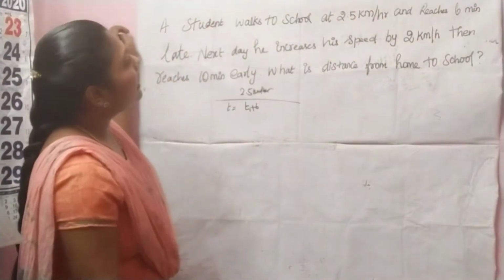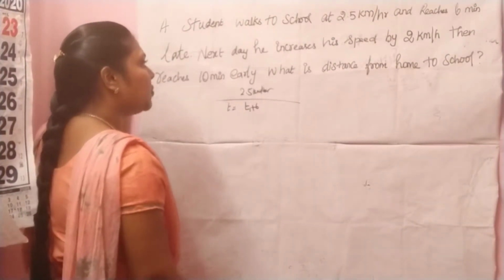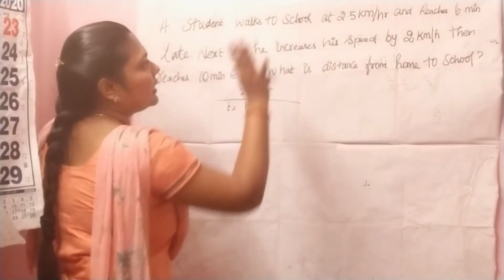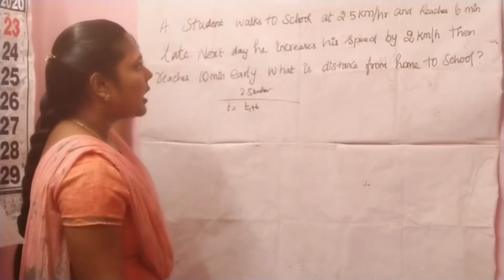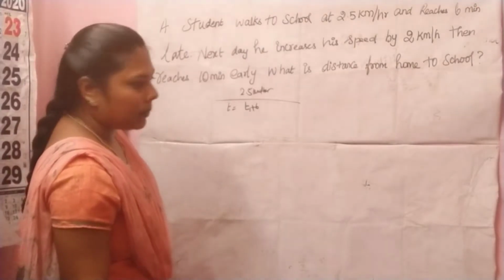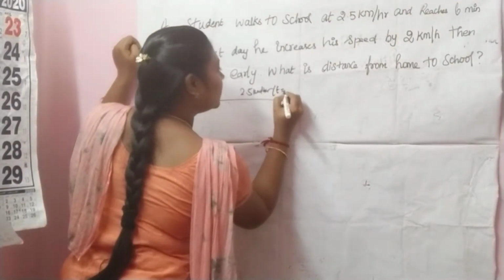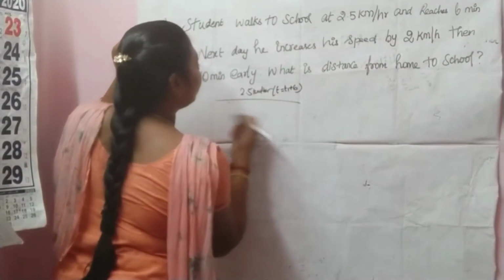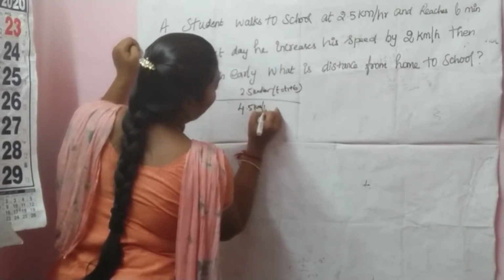Then he increases his speed by 2 km per hour, which means his initial speed is 2.5 km per hour and now he increases by 2 km per hour. Therefore my next day speed will be 4.5 km per hour.